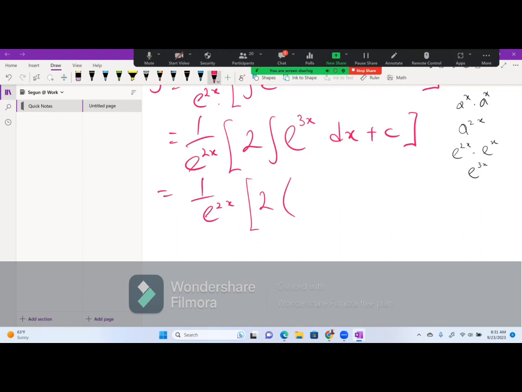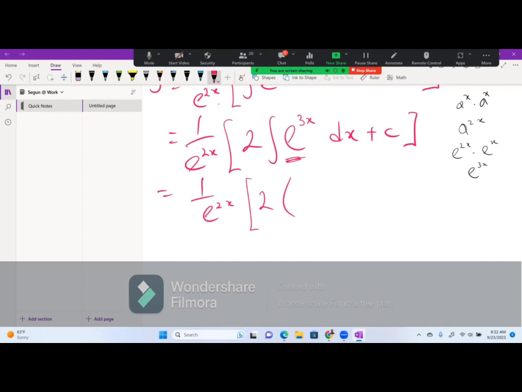So you can integrate exponential 3x. What do you have? Exponential 4x divided by 4. Okay, good. I like your style. It's wrong.